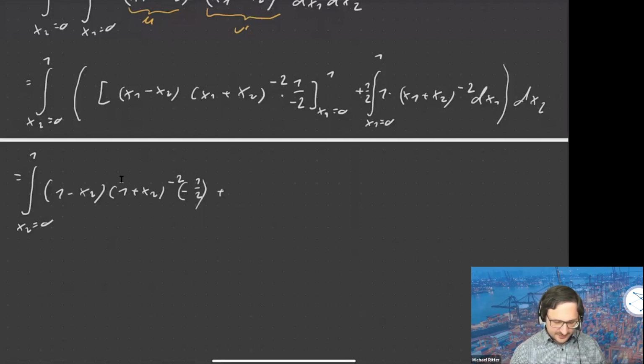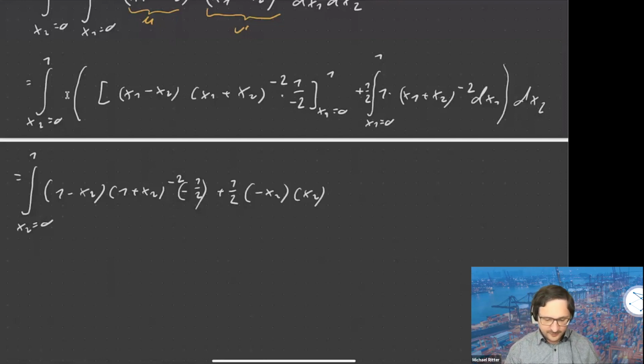Minus, again, this minus 1 over 2 factor, so we get plus 1 over 2, and now we substitute 0 for x1. And then we get minus x2 and plus x2. Okay, so that's this expression.